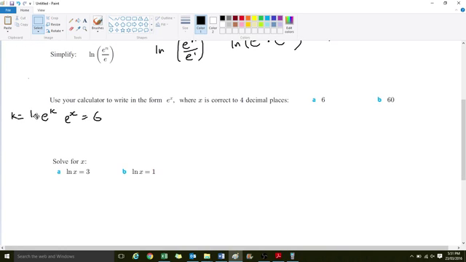So we apply ln to both sides: ln of e to the power of x is equal to ln of 6. And ln of e to the power of x is just x. So x is equal to ln 6.